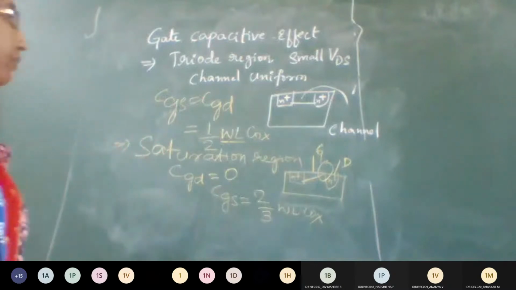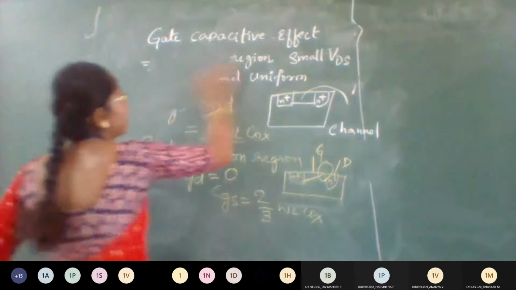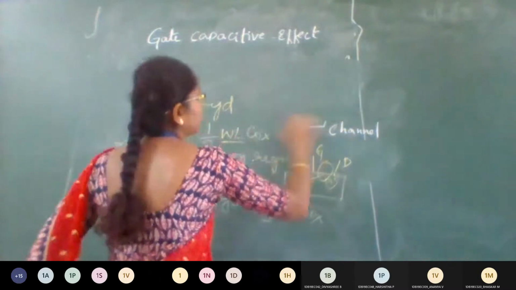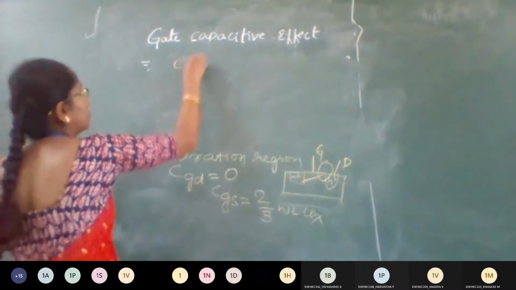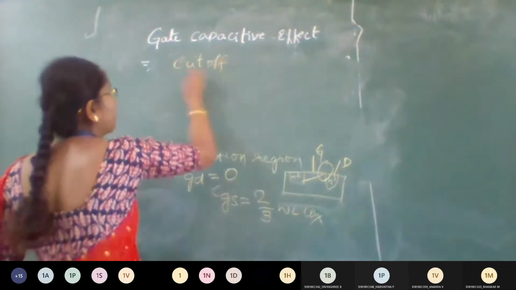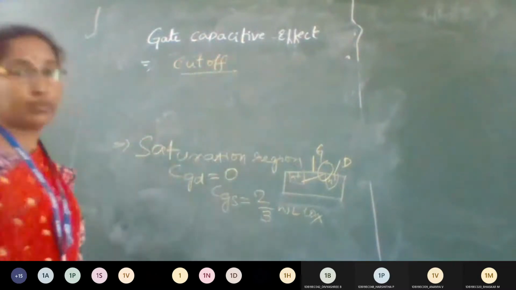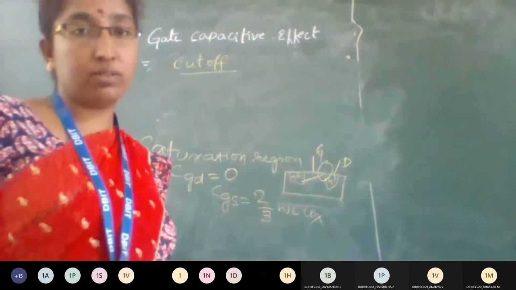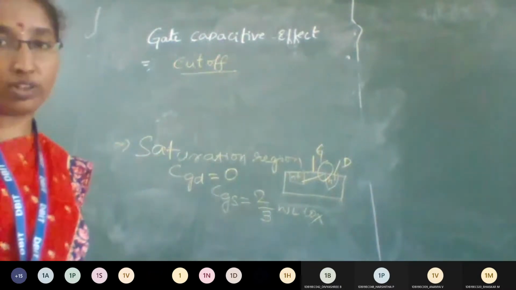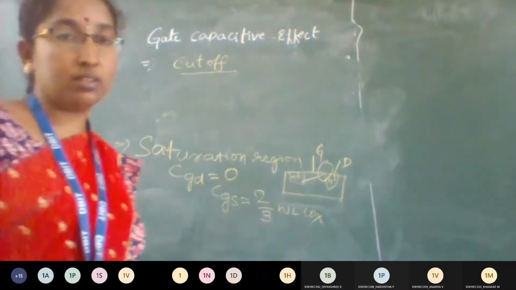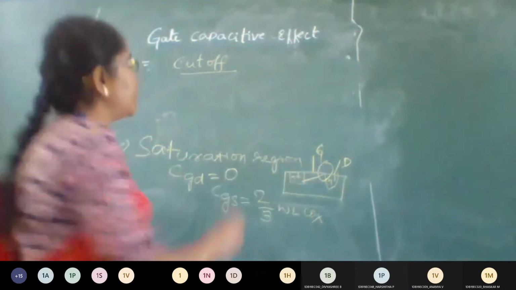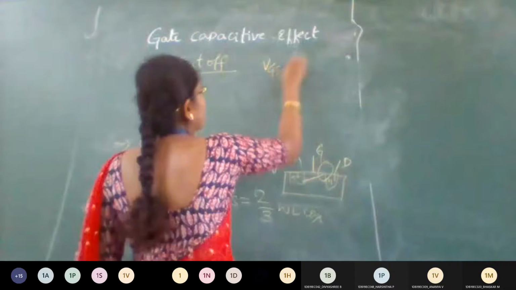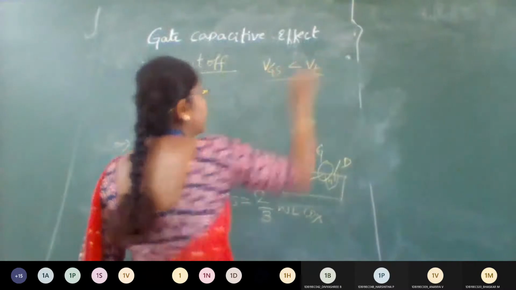One more region is left out, that is the cutoff region. What will happen in the cutoff region? In cutoff, we are not giving any VGS value or any drain source voltage. Or even if you give, you are not getting sufficient current because your VGS is less than Vt.